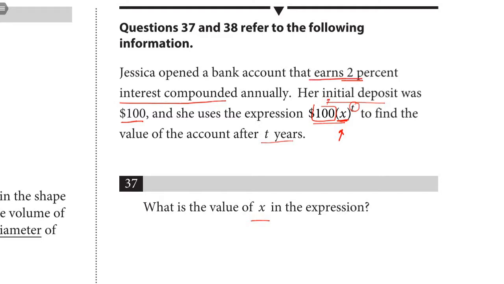Well, remember what we do when we're dealing with percentages. If we're earning, that means something is increasing. If I multiply something by 1, that means it's not changing, right? If I multiply 10 by 1, it's just 10. But if I multiply 10 by something less than 1, let's say 0.5 or 0.8, that means I am decreasing the value of 10.